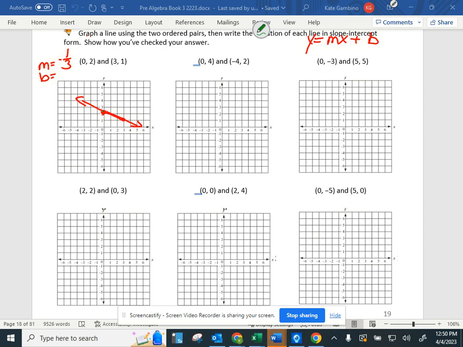We start at our first point. We go down 1. Since it's down, we know it's negative. And then we go over 3, because we always go from left to right. So negative 1 because we went down 1, and then we go to the right 3, so it's negative 1 over 3. How do I find my y-intercept? How do I find my b?